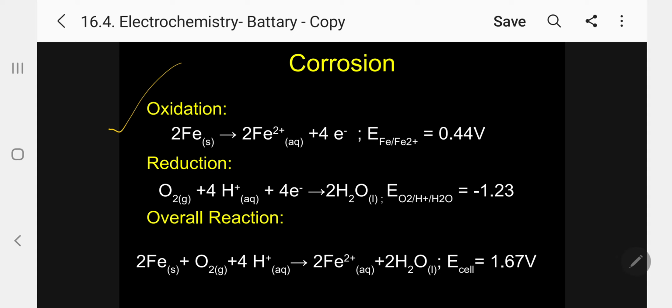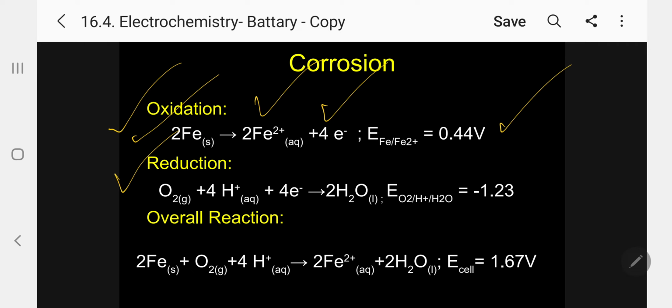Oxidation at anode: 2 moles of iron solid are converted into 2 Fe2+ plus 4 electrons. So this is oxidation, and the electrode potential is 0.44 V. That is the oxidation potential. Then the reduction potential, kindly follow here.